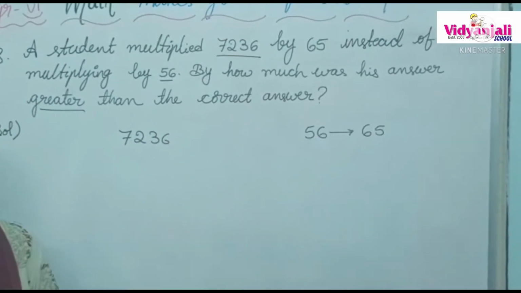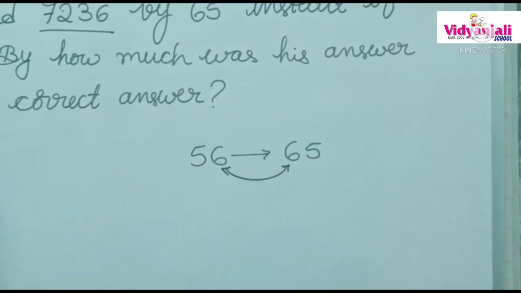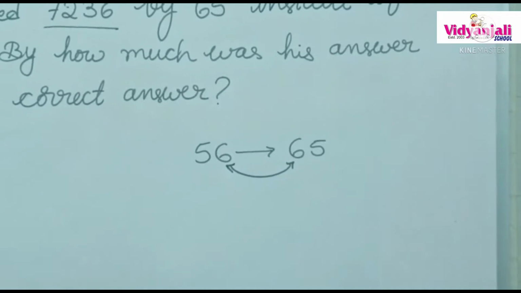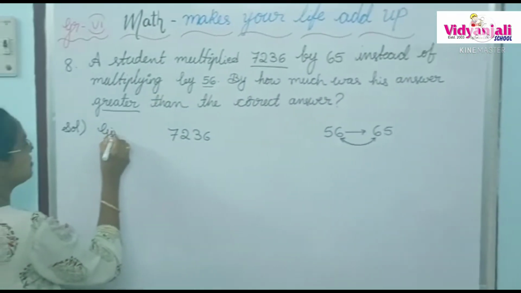For that, a very easy method is there, children. Find the difference between them. What is the difference between 56 and 65? Let us write. This is the given number.